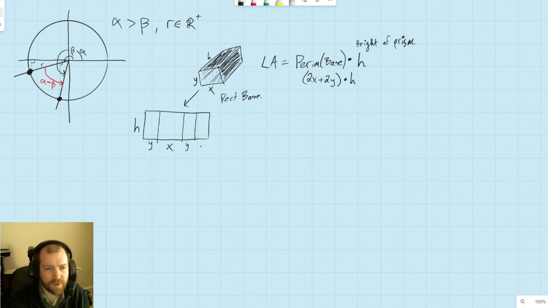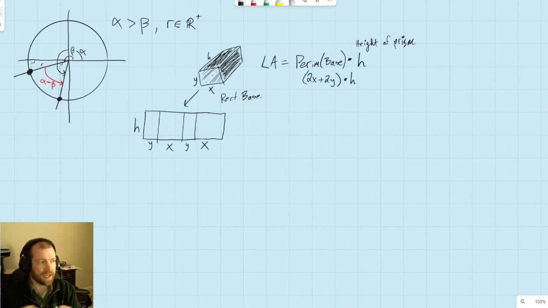And then we'd have two that are opposite each other here, which would be distance x. So this one got cut too short here. Let's erase that and extend this a little further, like that. So you can see here that if we unroll this thing, the lateral area is now a rectangle.